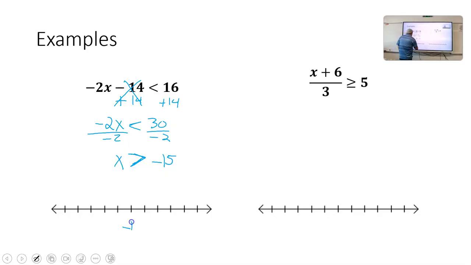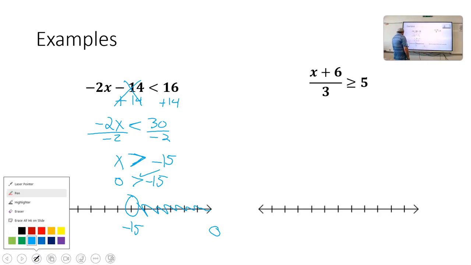Okay, so -15 is my boundary number. It is open, and since x is on the left and I'm pointing to the right, we're going to go that way. Now we can pick any number over here to the right. Clear over here, there would eventually be a 0. Is 0 greater than -15? Yep, we went the right direction.